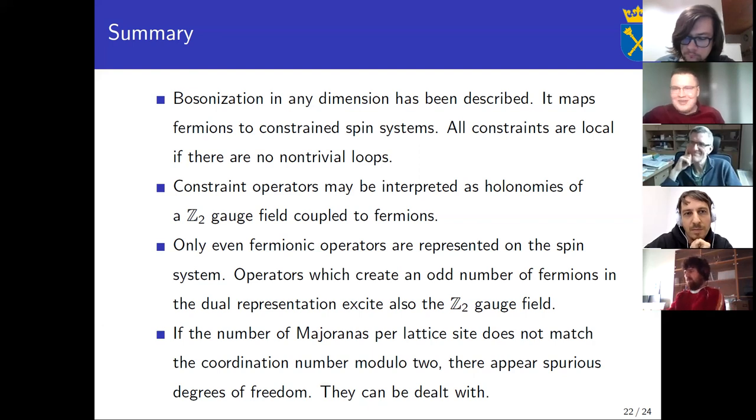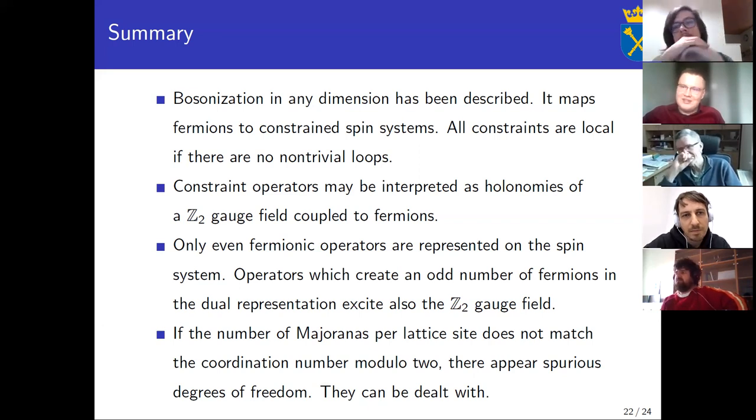Older approaches, like the Jordan-Wigner transformation, for example, have countless applications. But of course, the problem with these higher dimensional versions is that they are more complicated.